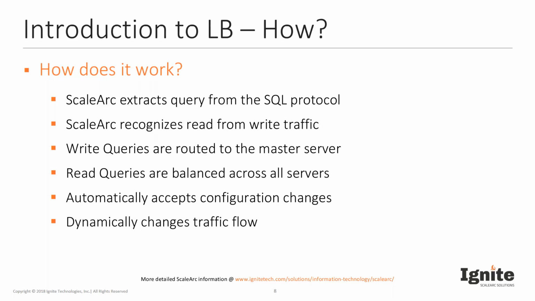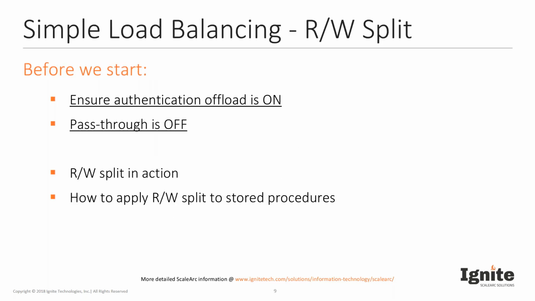So with no further ado, I'm going to jump into a short demo, but just before I start, there are two settings that I want to emphasize here. In some cases, you might find that perhaps the read-write split is not behaving as expected. Maybe it's not load balancing across the other nodes at all. And there are two settings that might be the cause here. One is the authentication offload.